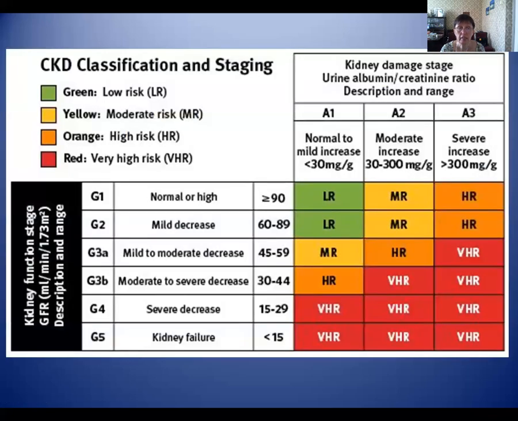Here we can see the classification of chronic kidney disease according to the stage. It is based on GFR. At the first stage, it may be more than 90, the GFR is normal, but other signs of disease may be present, such as changes in urine, in blood, or some findings on instrumental examination.